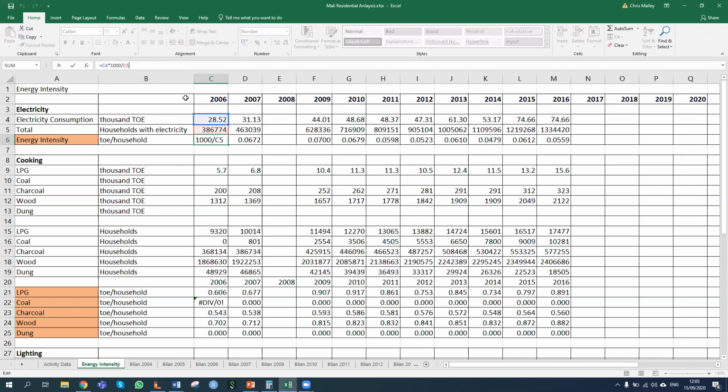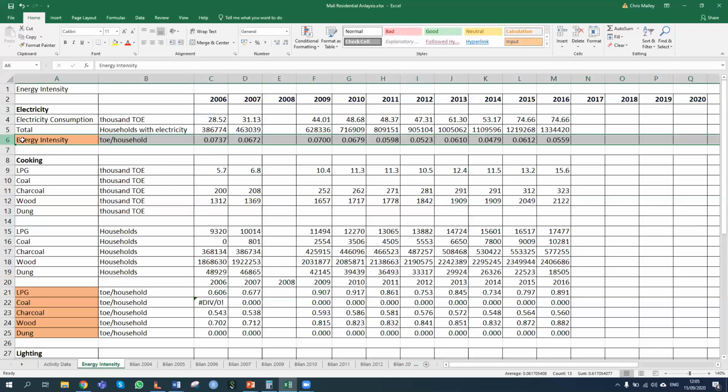Then, if I take my total consumption divided by the number of households, I get the energy intensity, tons of oil equivalent per household, 2006 up to 2016. I do exactly the same for cooking.